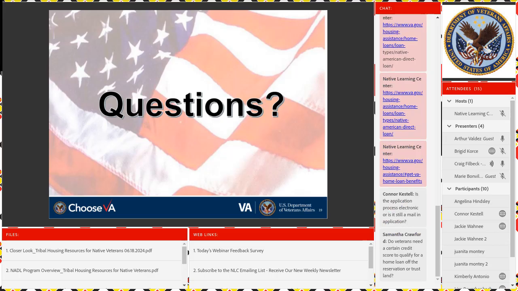But if there are 2 or 3 or 4 delinquencies within that 12-month period, we would ask the veteran to reach out to us after 12 months has elapsed. So if they currently have 6 months of good payment history, then we could ask them to reach out 6 months from there.